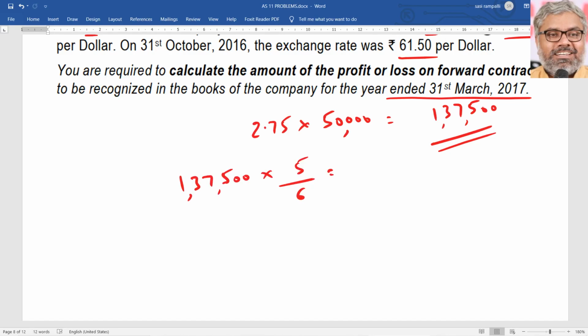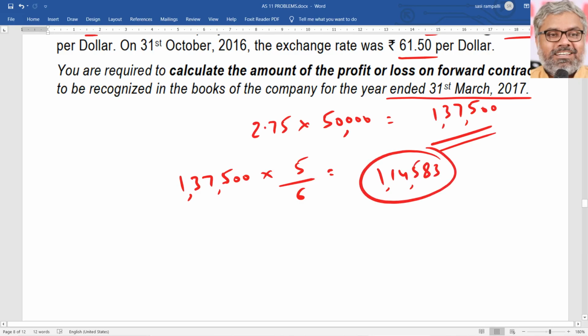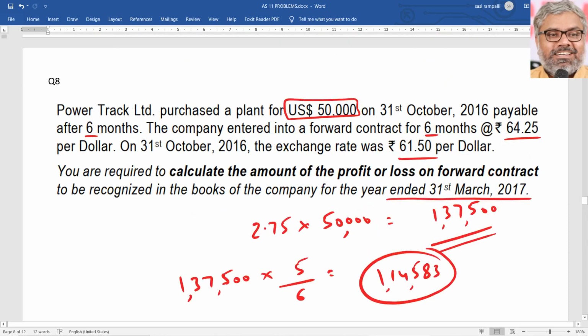So divided by 6 into 5, that comes to approximately 1,14,583 rupees has to be debited to the P&L account as loss when this contract has been entered into, and there is a difference between the exchange rate on the date on which the contract is entered into and the reporting date.